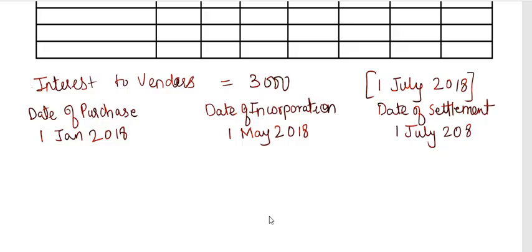Now see, the period from date of purchase to date of incorporation is called pre-incorporation, right? And after incorporation the period is called post-incorporation.